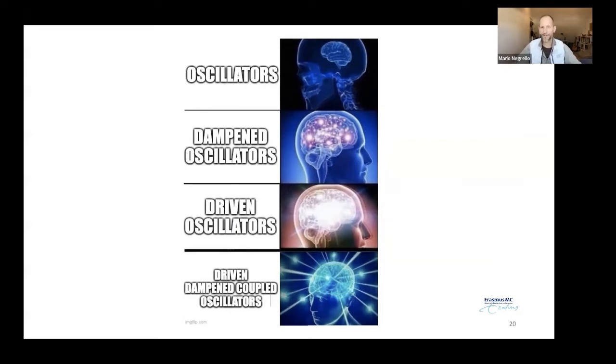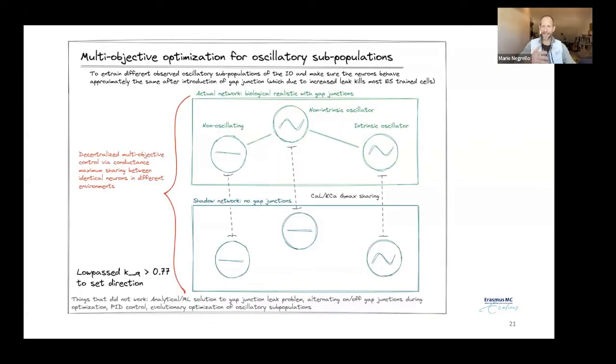The proportion of these cells that we are putting in our network has been obtained in experiment, and we have to mix them all together. Like I mentioned in the beginning, we have a humongous parameter space. We have to mix them so that they talk to each other and keep their behavior both in the case of a gap junction network and a non-gap junction network.